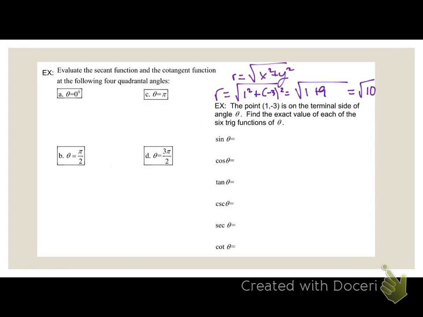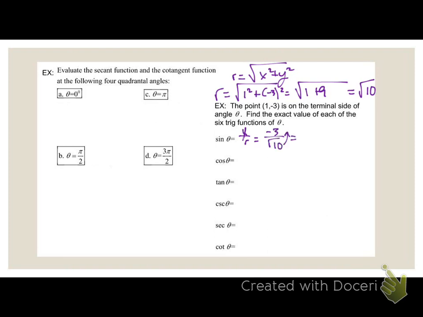Okay? Now, if I want to find the sine of this angle, whatever it is, we don't know what the angle is, we just know where the point is that's on the terminal side, I've got to do y over r. That's what the last slide just reminded us. Well, y is negative 3. R is the square root of 10.